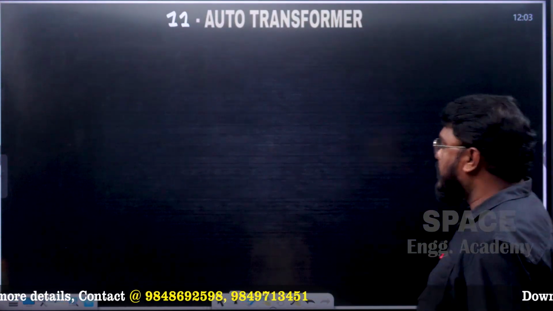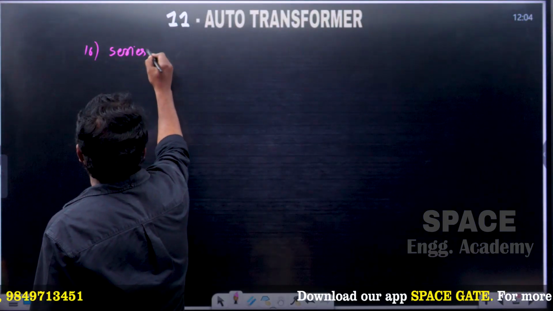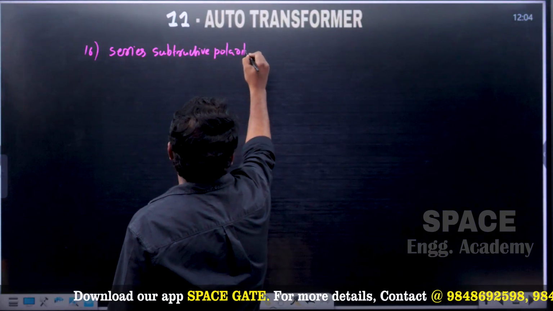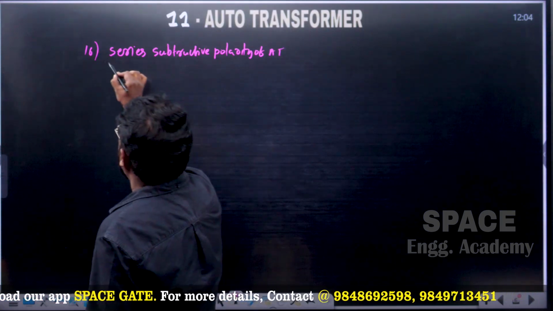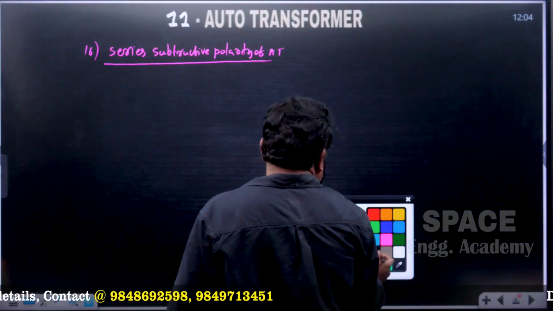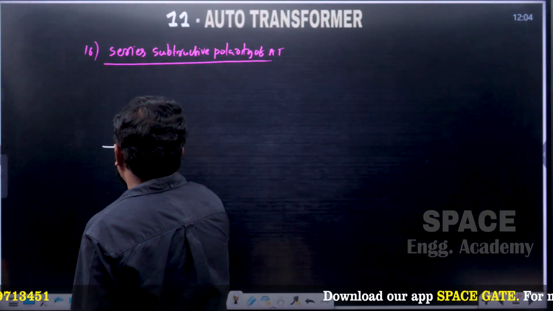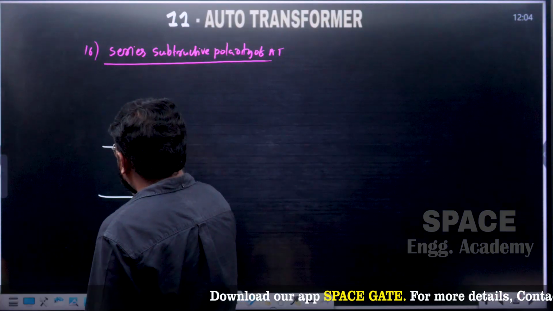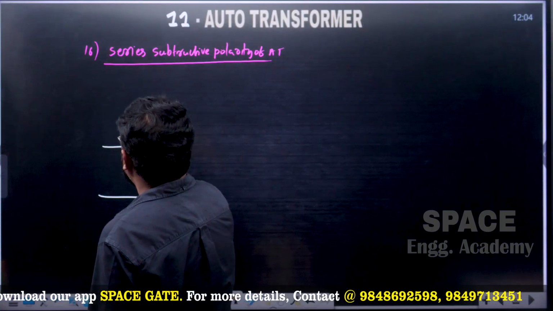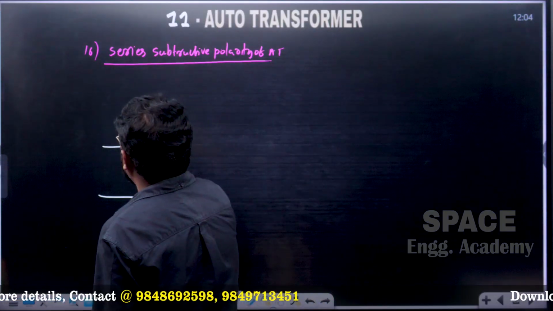And the next observation is series subtractive polarity of auto transformer. How do we get series subtractive polarity of auto transformers? Here we have two windings. I'm assuming this is the HV, the high voltage of the two winding transformer, and this is the low voltage ELV of the two winding transformer.